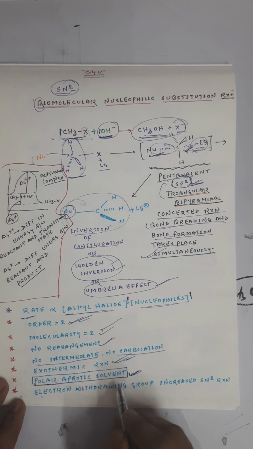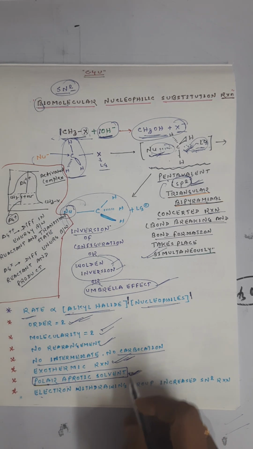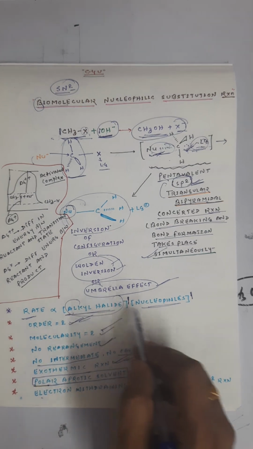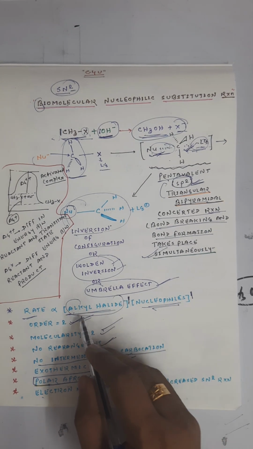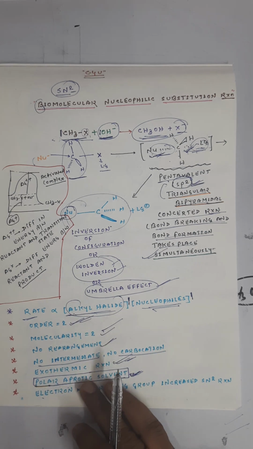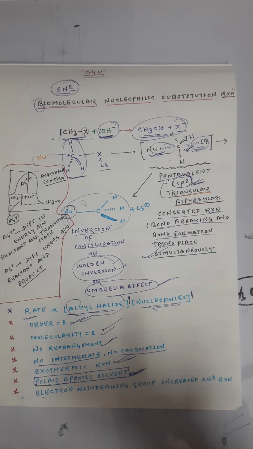Now the most important logic here, students. Most students are confused: sir, why do we take the less hindered substrate, because of the alkyl halide and a nucleophile? And second, why do we take the polar aprotic solvent, and what is the effect of polar aprotic solvents?